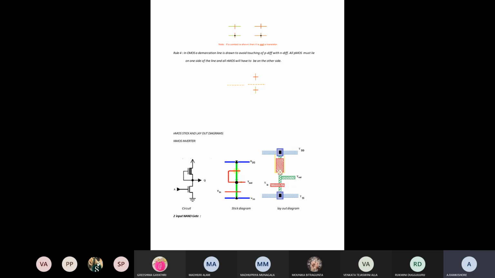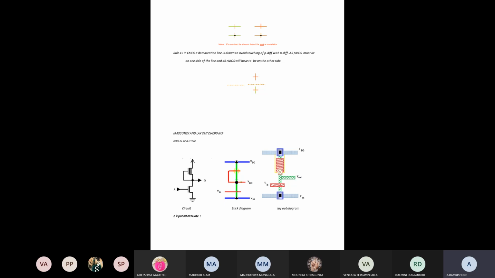If in your examination the question is asked to design a layout diagram for an NMOS inverter, or a stick diagram for an NMOS inverter, whether it is NMOS technology or CMOS technology, you must start with the MOS transistor level design first.